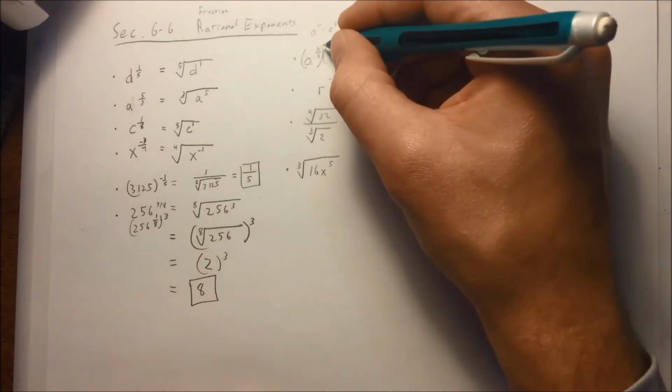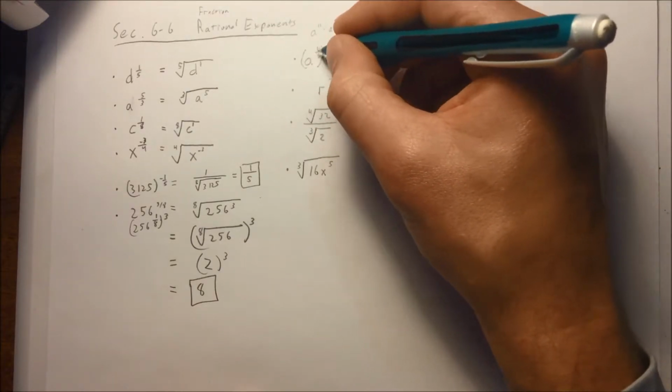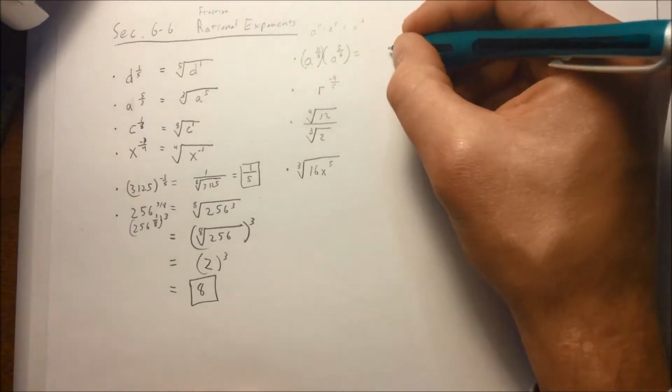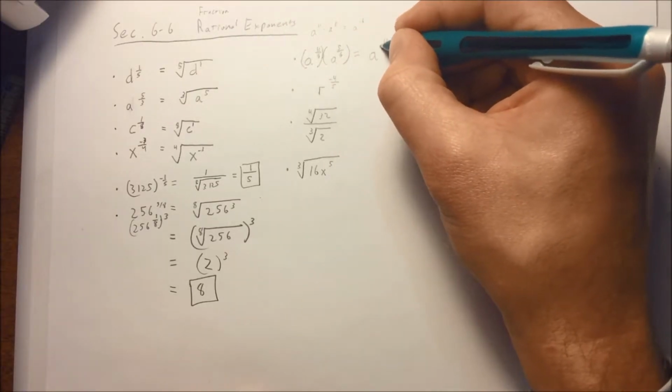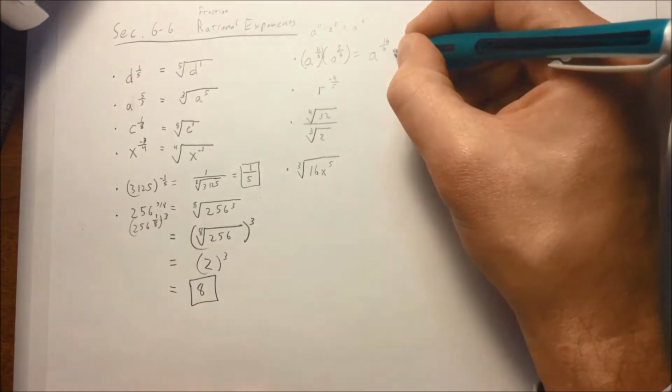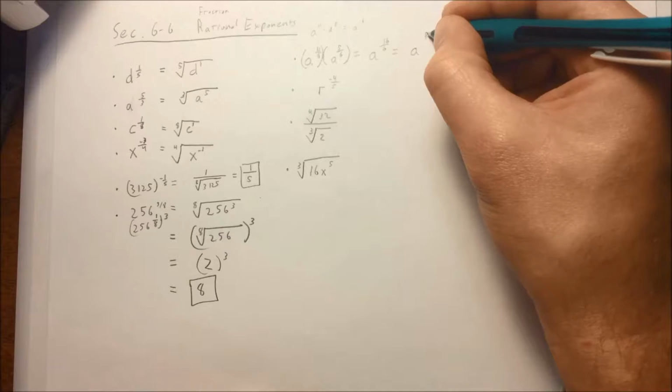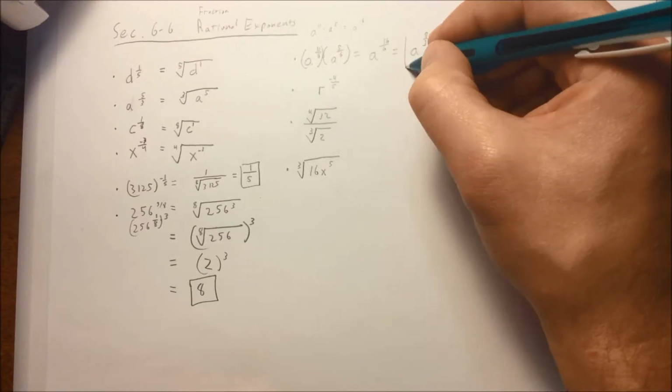Same thing here. I'm just going to add the two fractions. 11/6 and 5/6. If I add those together, it's going to give me 16/6. But I can reduce that fraction, of course. 8/3.